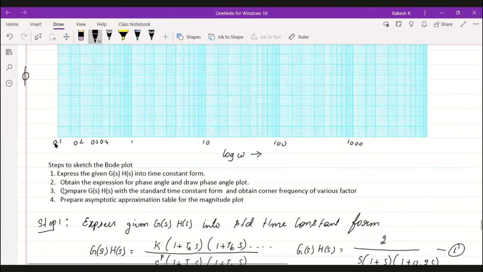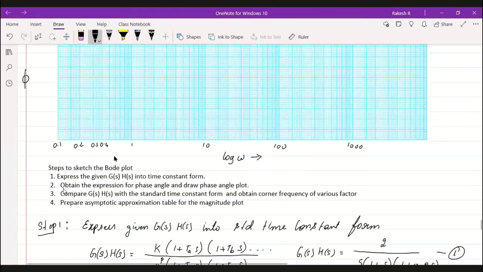So, starting here, for each decade I'll be taking any 4 values. Like I'll be taking 0.1, 0.2, 0.4, 0.8 and 1. Any 4 values or any 5 values you can take. It depends on you; how many values you want, you can take.